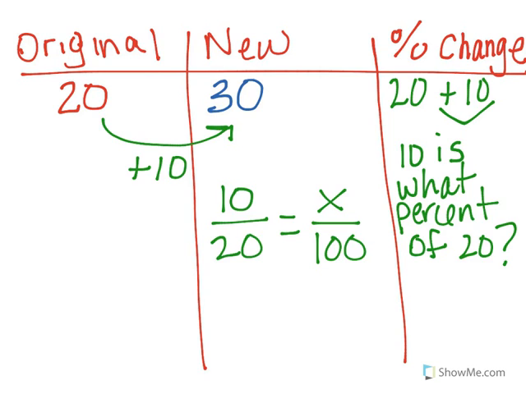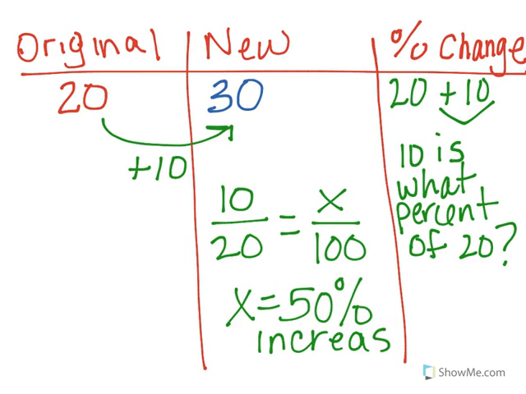Well, you know that if the original is 20 and I add 10, 10 is half of 20. So when I set up my proportion and I solve, x is going to be 50%. And since it's an increase, it's a 50% increase.